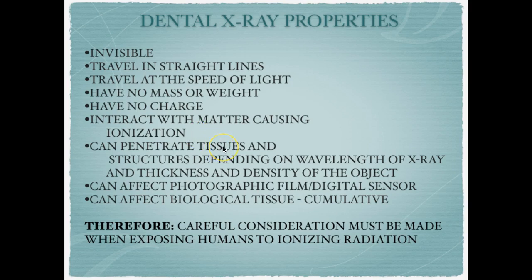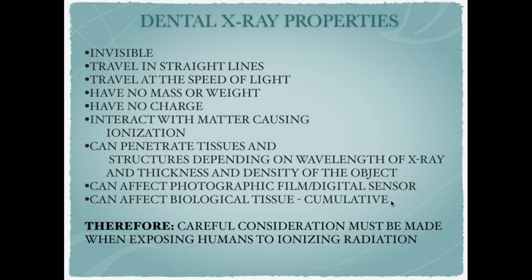They can penetrate tissue and structures depending on the wavelength of the X-ray and the thickness and density of the object, meaning the teeth. They can affect photographic film or digital sensors, and they do affect biological tissue, and it's cumulative. So once you have tissue change from X-rays, that stays.